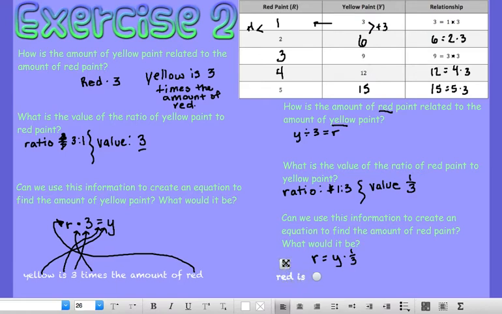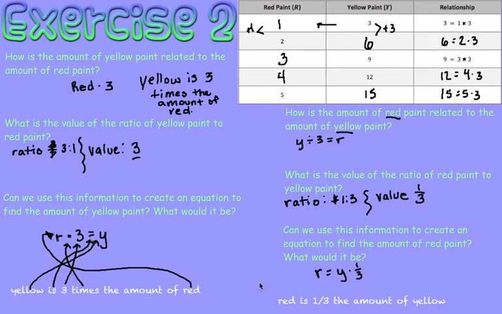Our red is 1/3 the amount of yellow. Okay, so I know that when I plug it into my equation, red equals 1/3, which is what I multiply by, that was my value, and then I put in y for yellow.